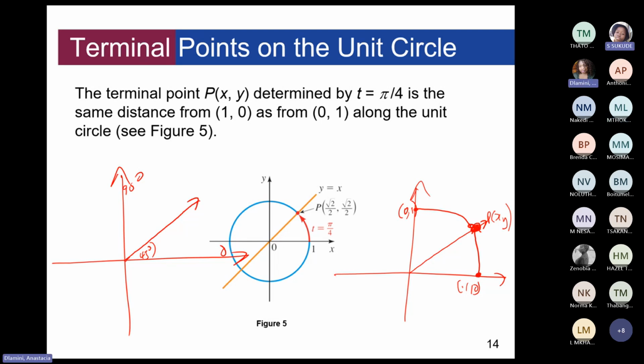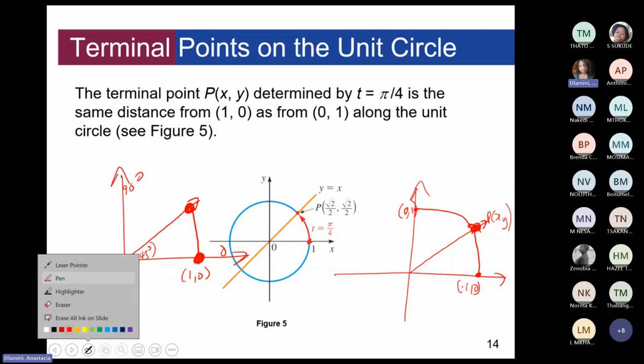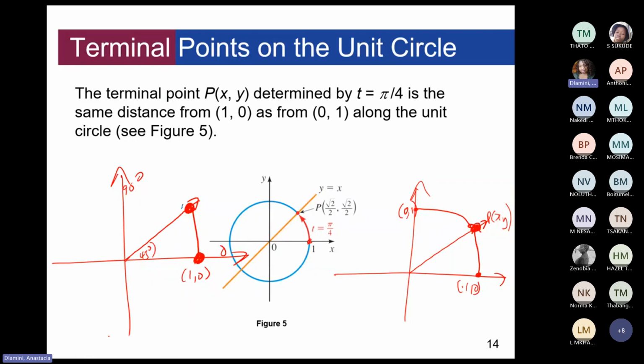Yes, ma'am. So they are saying that the distance from the point on the unit circle, which is 1 and 0, to that terminal point there is the same as the distance from here to that point there. That's what they are saying in the slide.